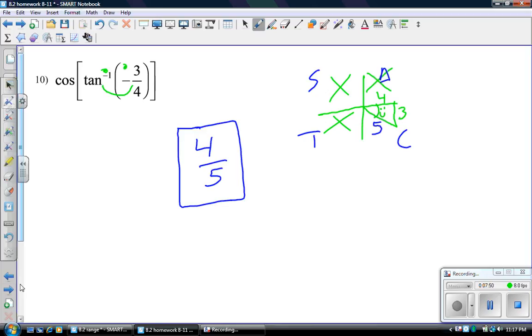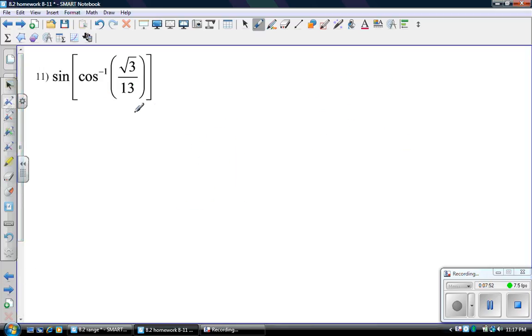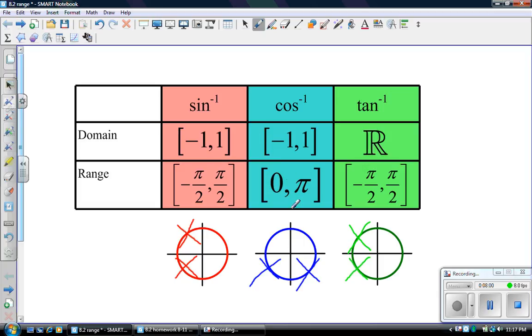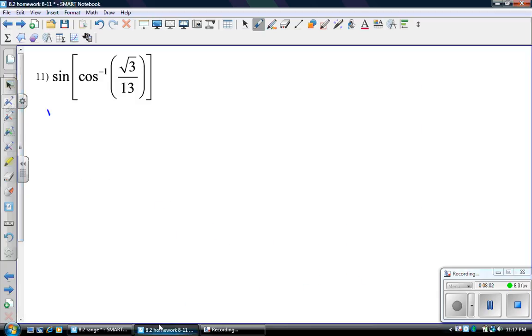Okay, last one on these. First thing I'm doing is an inverse cosine problem. So I go, all right, it's an inverse cosine problem. Inverse cosine problems immediately cut out the bottom two quadrants. So immediately cut out the bottom two. It's positive, so cut out the second quadrant.